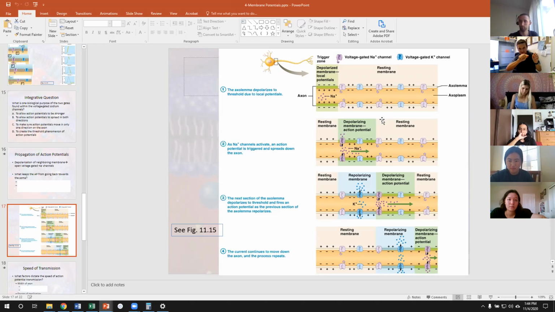It's not just going straight down the axon. It's trying to spread out because electricity is going to go in every direction that it can. As it tries to spread out, it hits up against that lipid, which is a resistor, and it stops right there. It doesn't let it exit the axon, so it keeps its strength by staying within that water and just goes down the axon instead of spreading out.